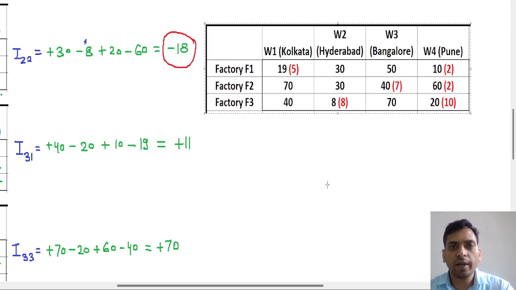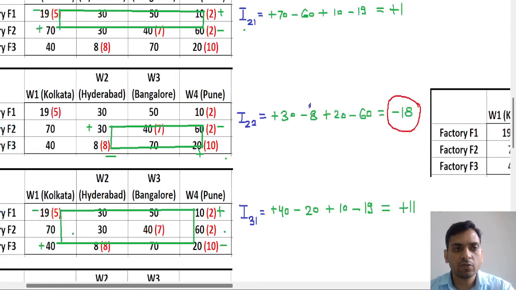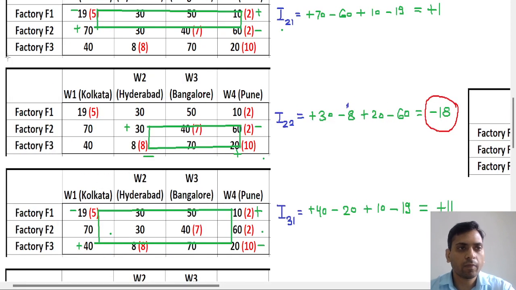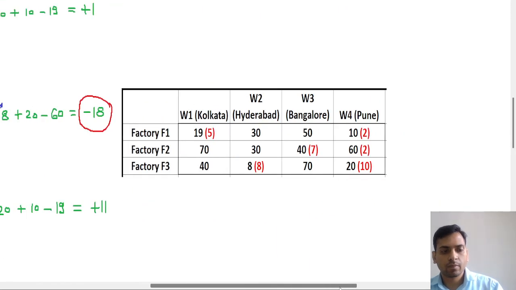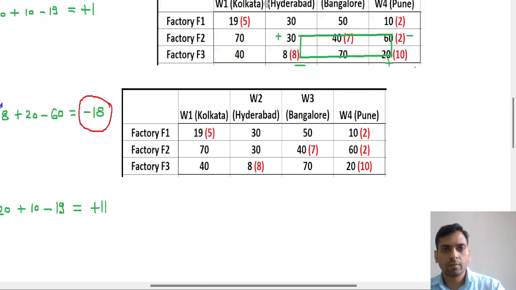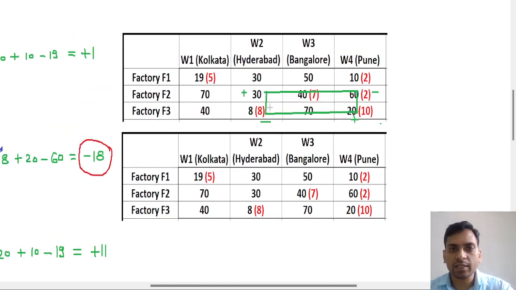So we will do adjustment for respective locations. Loop is already constructed. I am copying this also. Okay, so this block is for minus 18.